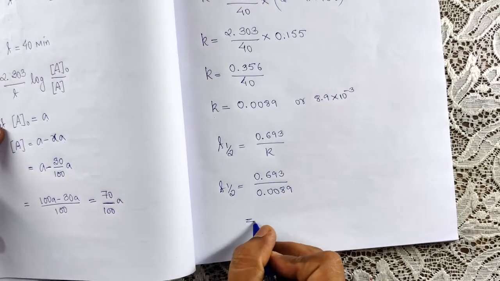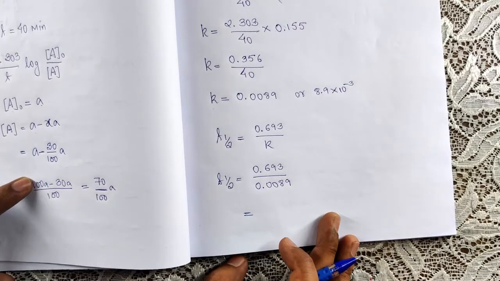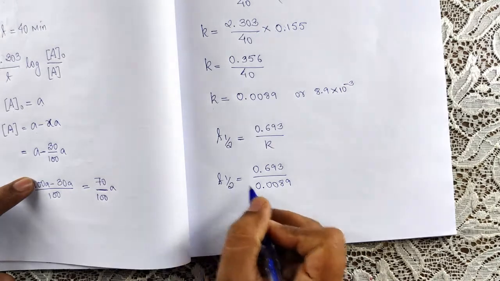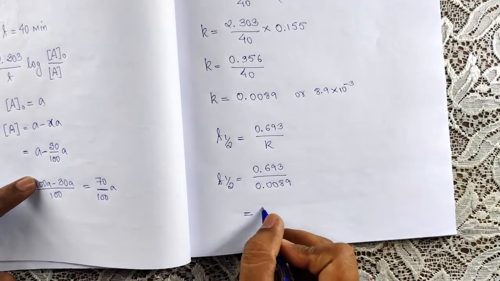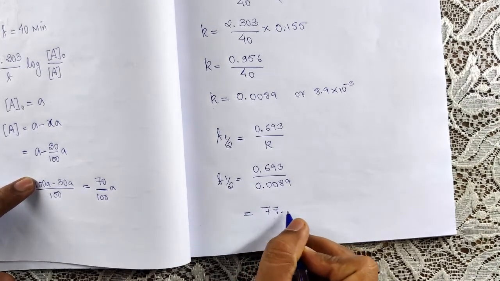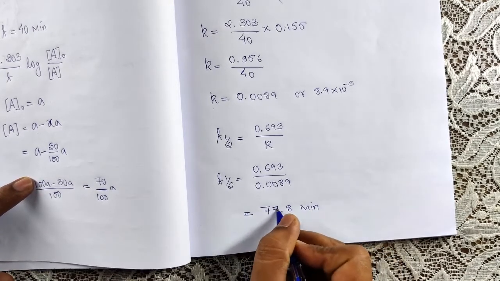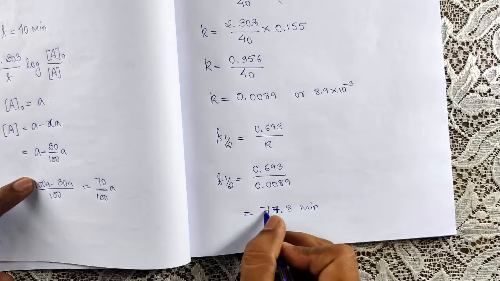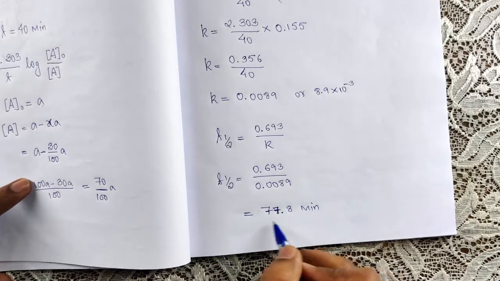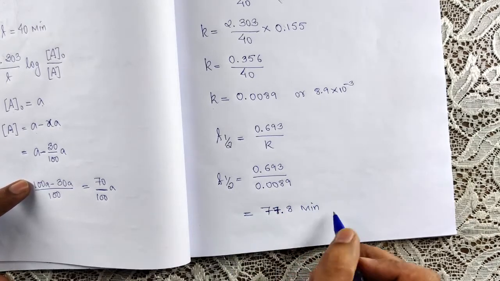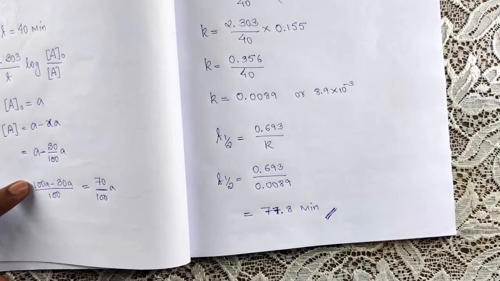So our T half will be 77.8 minutes. If you divide this, you will get 77.8 minutes. So this would be our answer.